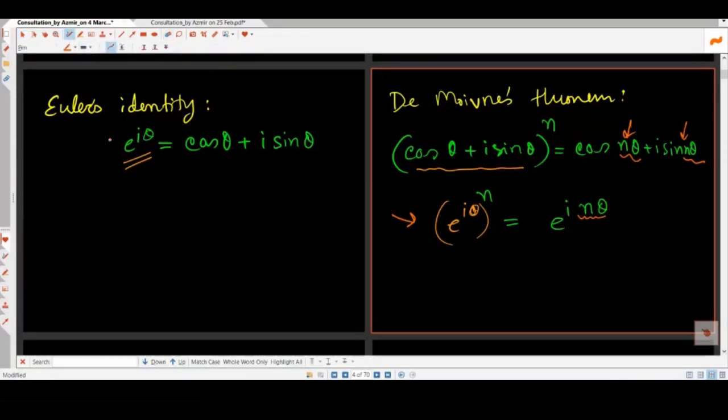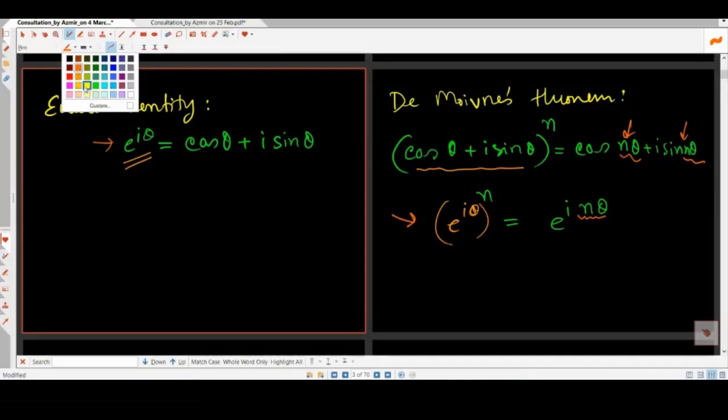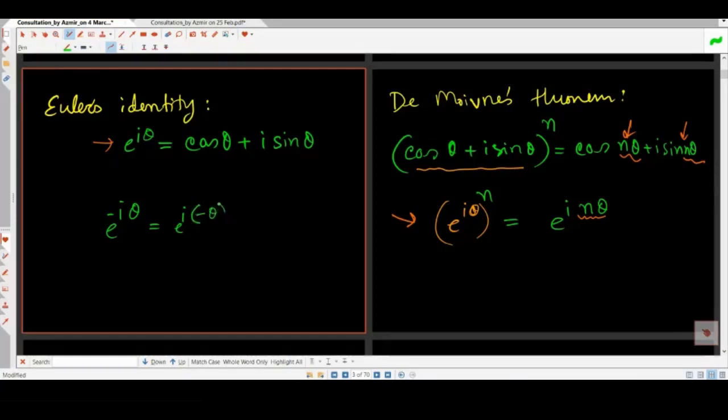Besides this form, I would like to write another form of Euler's identity. Suppose we have e to the power negative i theta. We can make a simplified form, that is e to the power i times negative theta. So it is the same as the previous one.